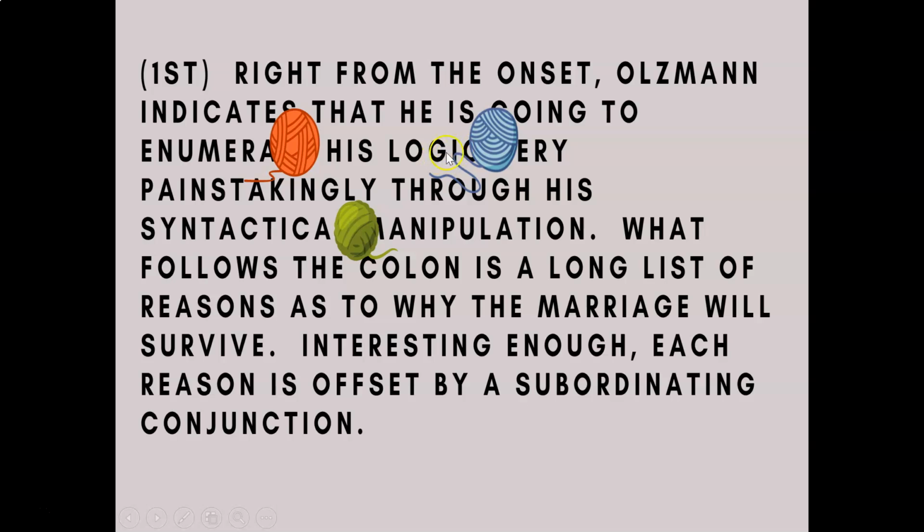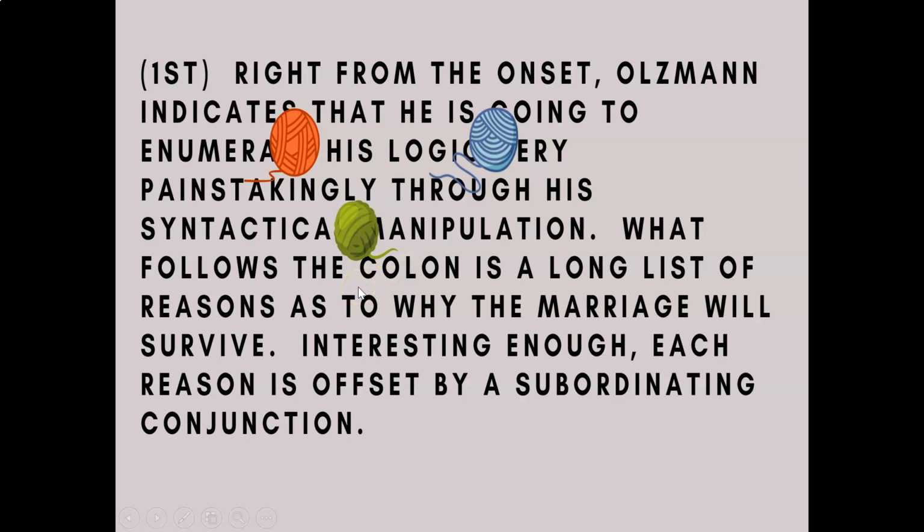In rhetorical analysis, we would call it logos. So we got the enumeration, the theme, and then the syntax. So I placed a different color of yarn next to each of those. Enumeration, orange. Logic, theme, blue. Syntax, green.